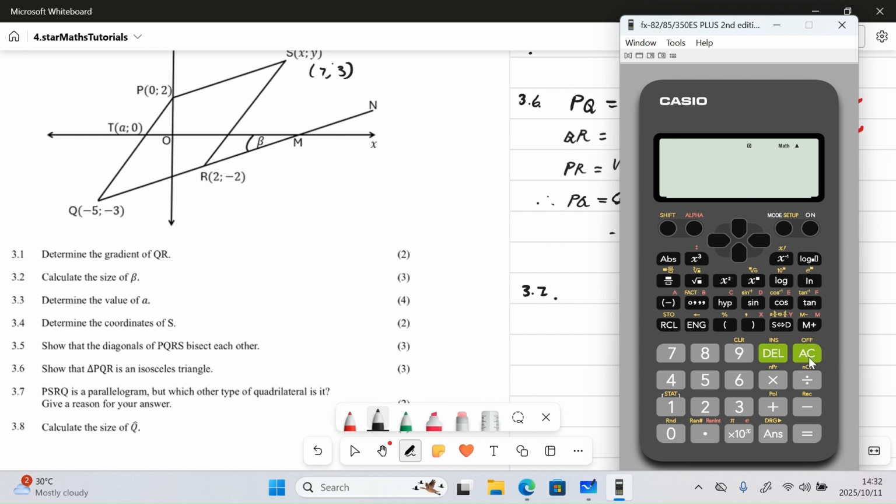Let's check the distance of PS. 0 minus 7, plus 3 minus 2.